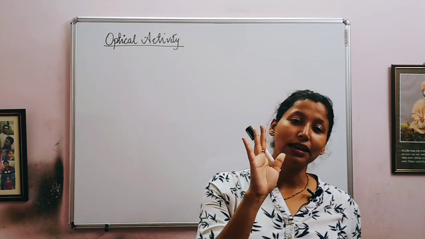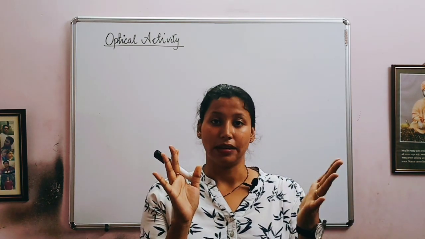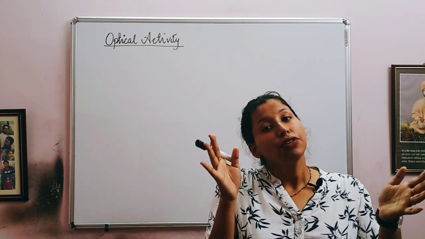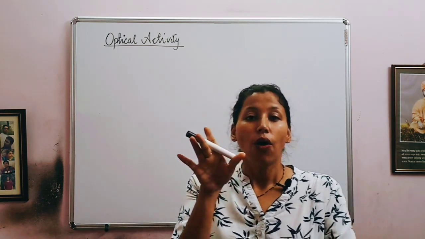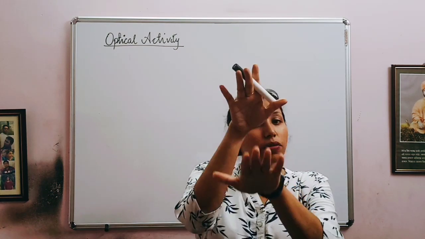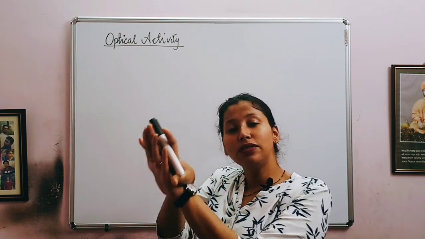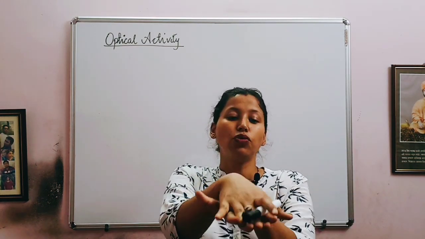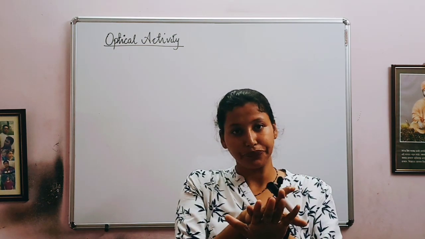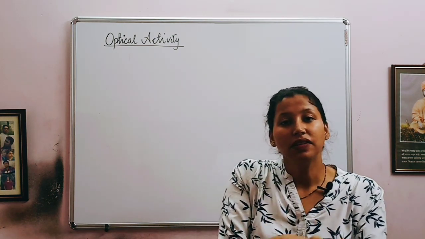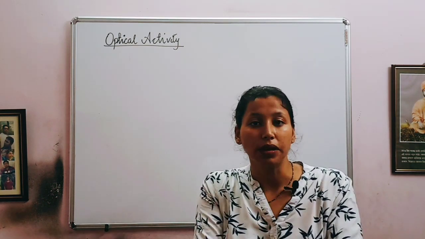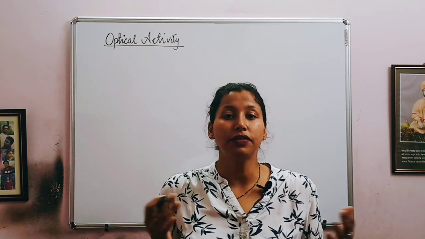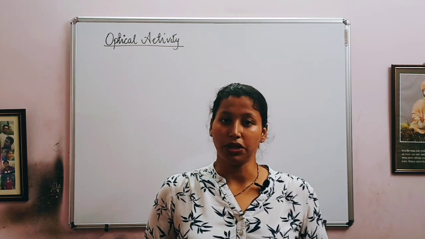Now, if you try to superimpose your right hand on your left hand, both palms downwards, you will see that you are not able to superimpose these two hands on each other. That means these are non-superimposable. Similarly, our shoes and our gloves are non-superimposable on each other.